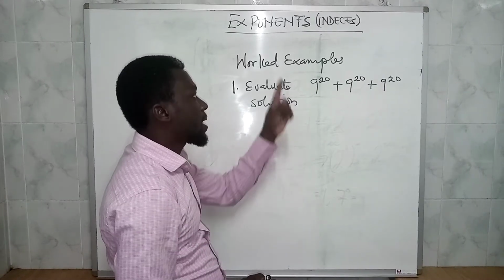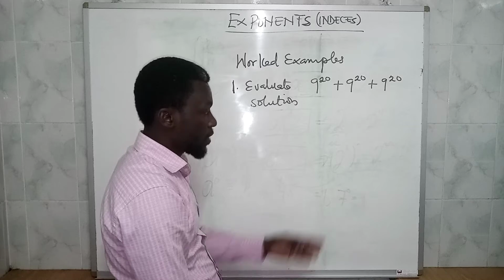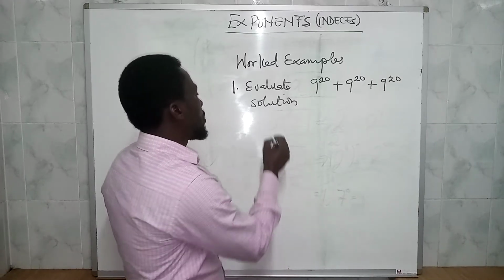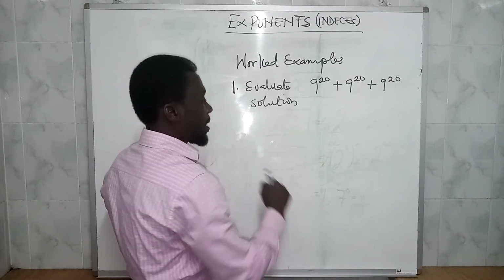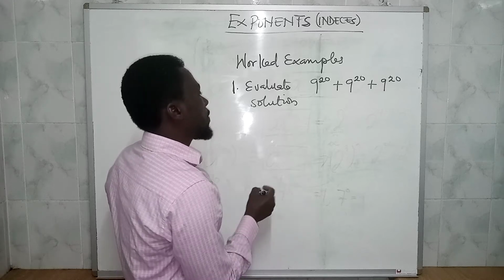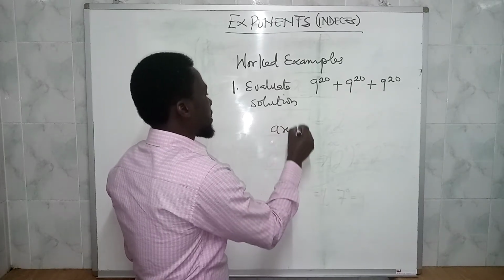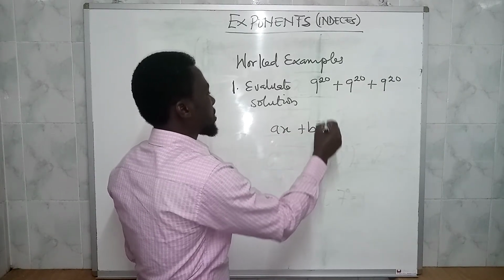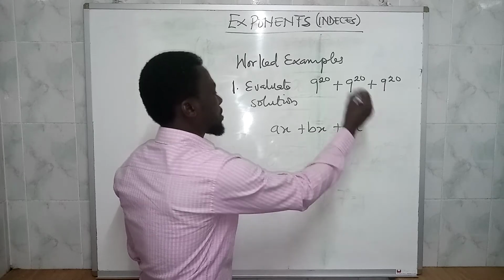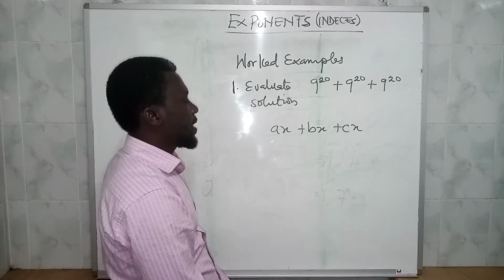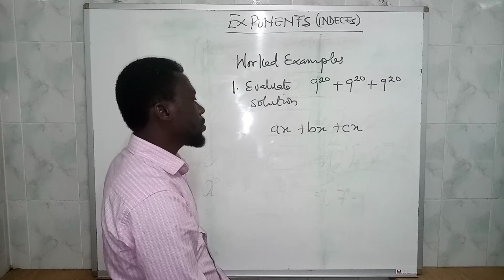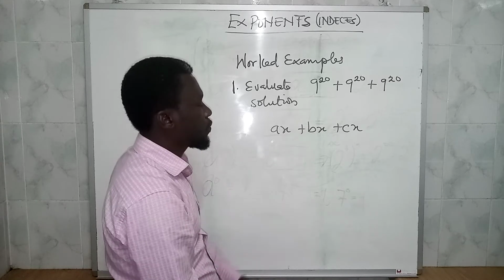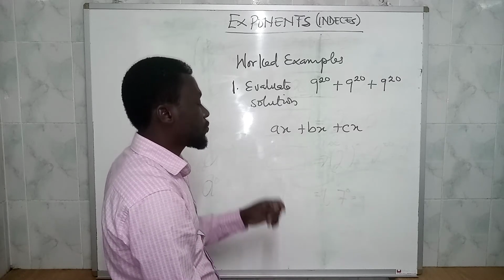And we are going to apply the rules, or the laws, that we have just talked about, and some other things that we know. If I write ax plus bx plus cx, for instance, and you are to simplify this, what will you do?